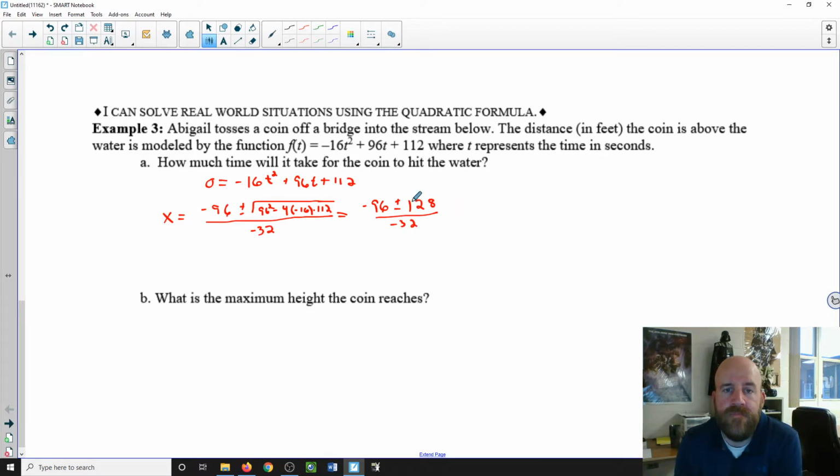All right. So negative 96 plus 128, we should get 32. So 32 over negative 32. Sorry, I need to write this as two separate ones.